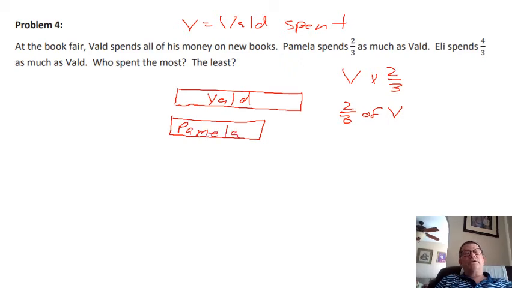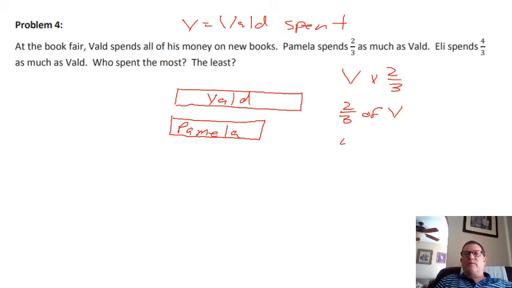Now I don't need to multiply it to solve that. I just know that she spent 2/3 as much. And since she's multiplying by a fraction that's less than 1, the product is going to be less than the original amount, which was Valid. Now, the next one says Eli spends 4/3 as much as Valid.